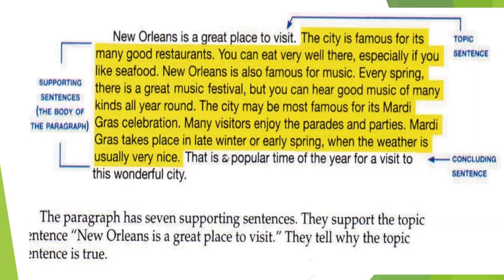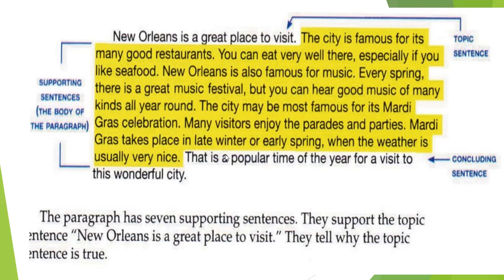The city may be most famous for its Mardi Gras celebration. This is another main point, main supporting detail for the topic sentence. Many visitors enjoy the parades and parties.